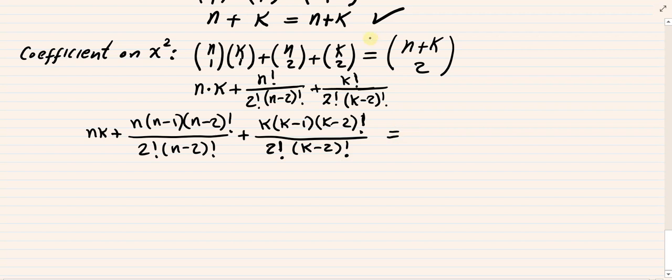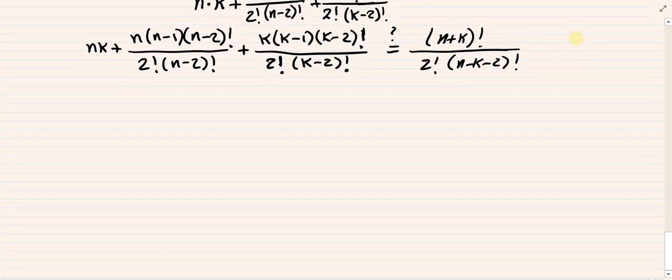And on the right side, put a question mark because we are verifying it. The right side, n plus k choose 2, means n plus k factorial over 2 factorial, n plus k minus 2 factorial, right? That's just by the definition of binomial coefficient, what n choose k meant.